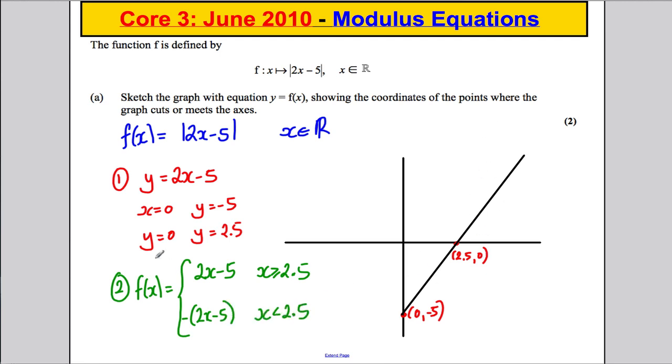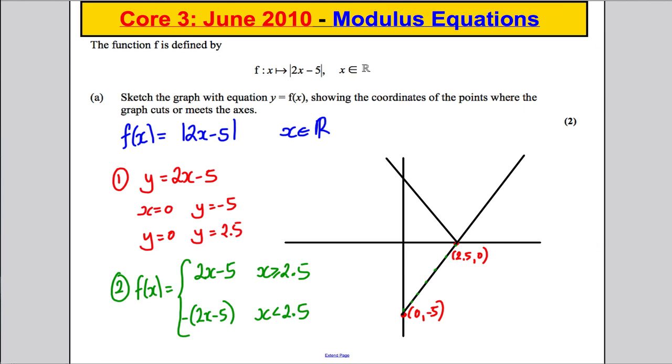So actually what we're doing, taking the modulus of this function, is reflecting this part here in the x-axis. So to draw it, I would have it looking something like this.